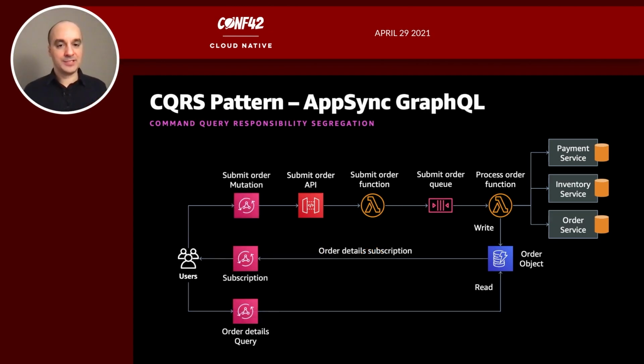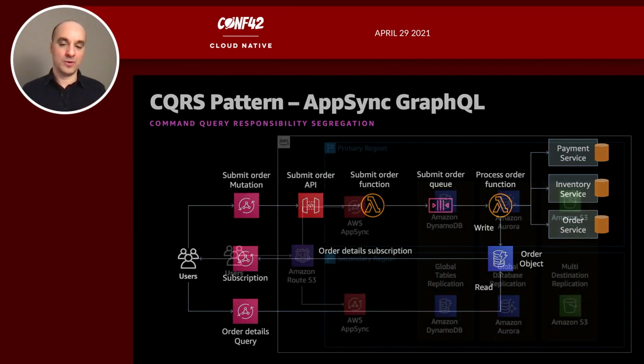Another way to implement CQRS is to use AWS AppSync, exposing the API as a GraphQL API. This definitely simplifies real-time updates because it allows for no-code data subscriptions directly from DynamoDB. And it also reduces the implementation complexity by allowing front-end developers to query multiple data entities with a single GraphQL endpoint.